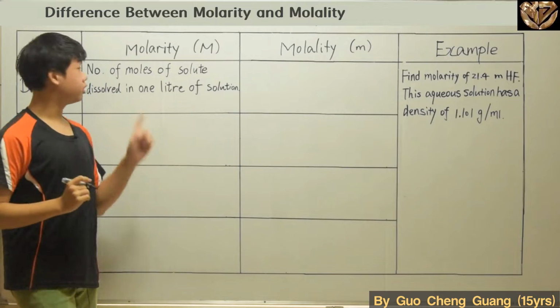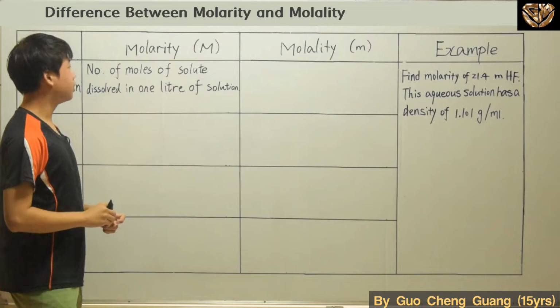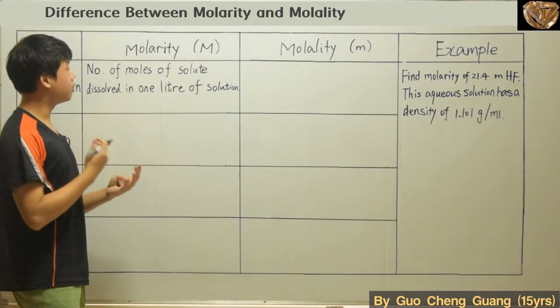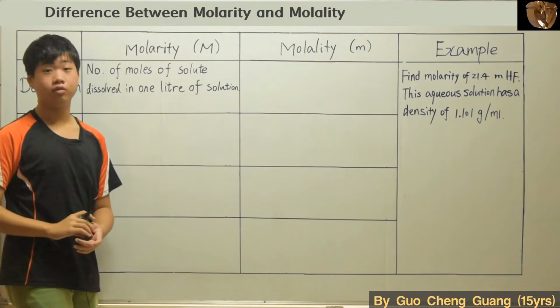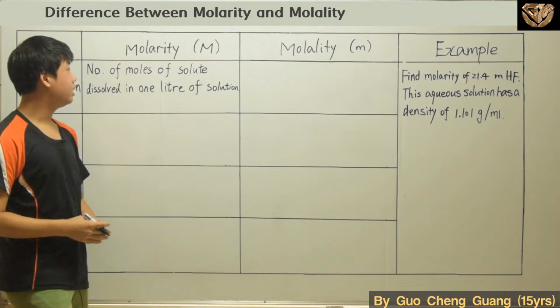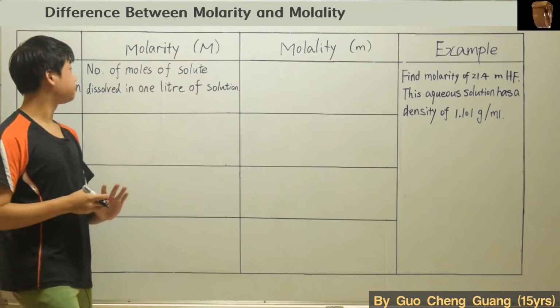Alright, so this is molarity. It is when you find the number of moles of solute that are dissolved in 1 liter of the solution that you have. So how about molality?